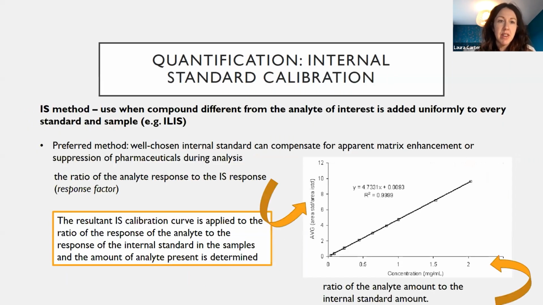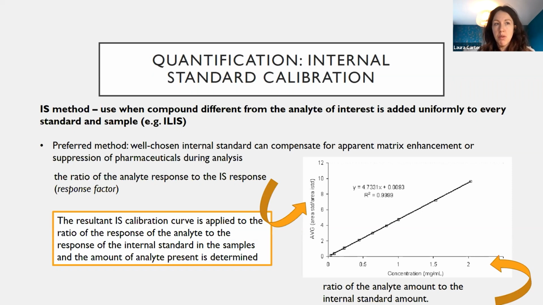In comparison, with internal standard calibration, this is when you use your stable isotopes and your sample is fortified with these. This is along the same lines, but it changes slightly and plots the ratio of the analyte response to the internal standard response. So this is called a response factor against the ratio of the analyte amount to the internal standard amount.